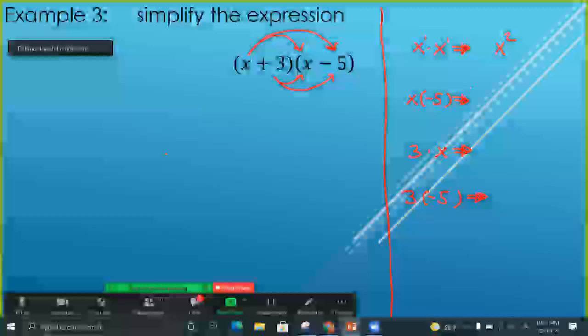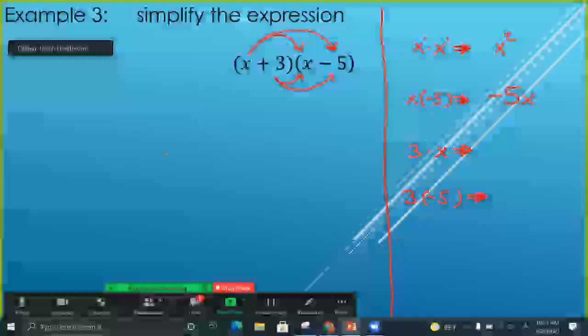Well, we can't really multiply x times negative 5 and get a whole number. Whenever there's a single variable, it's just going to be that variable in the answer. So x times negative 5 is just negative 5x. We write it as a coefficient now, negative 5x. 3 times x is just 3x. And then last up, 3 times negative 5 would be negative 15.